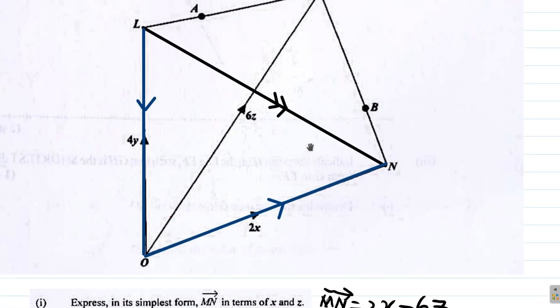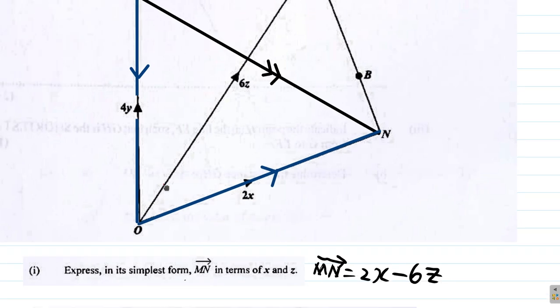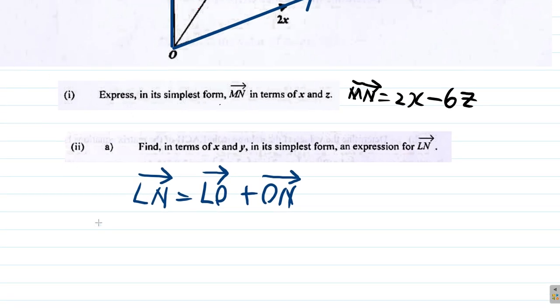Now, LO. You notice that originally the arrow that was given ran from O to L. But now you're going in the opposite direction from L to O. So if OL is 4y, we say OL is equal to 4y.